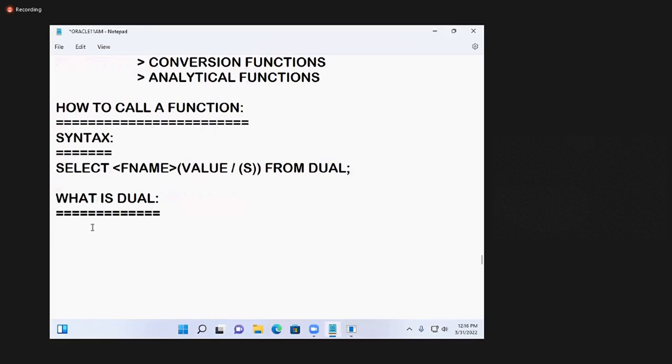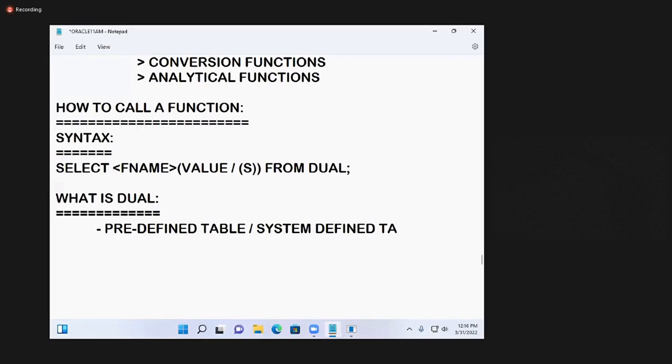What is dual? Now carefully observe, guys. Dual is a predefined table. It is one predefined table, or we also call it a system defined table.